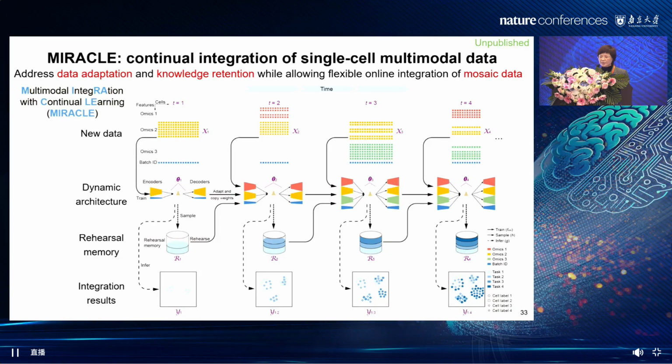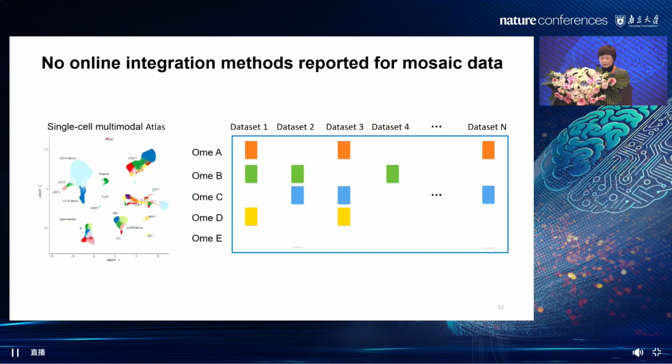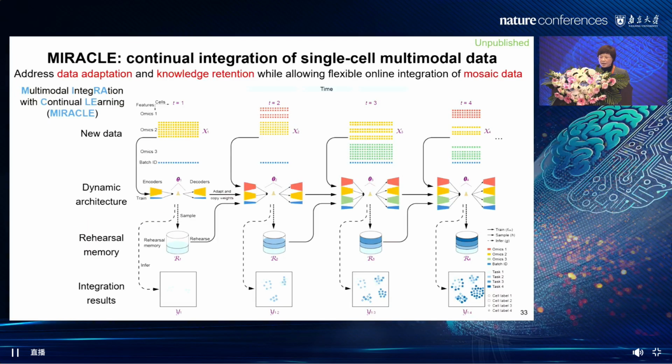To overcome these limitations, we developed Miracle, multimodal integration with continual learning. It's an online learning framework designed specifically for single-cell multimodal mosaic data. Miracle incorporates 2 key continual learning strategies: dynamic architecture adaptation and data rehearsal.